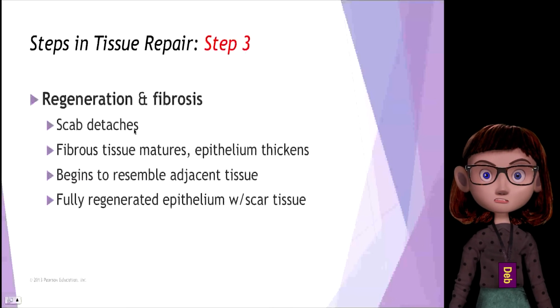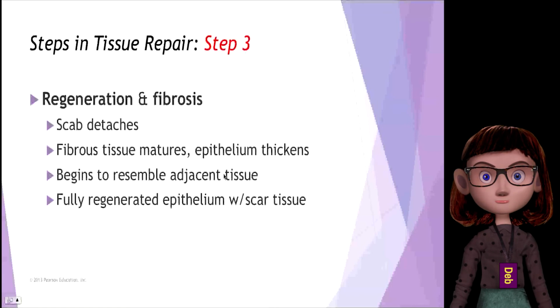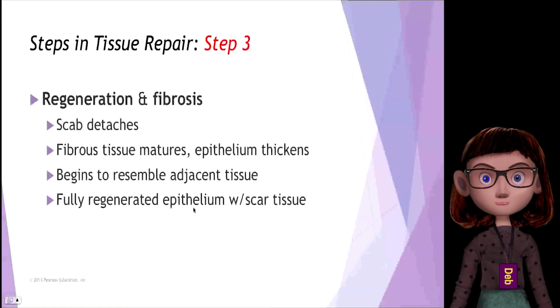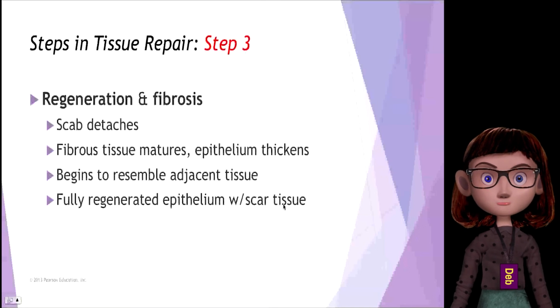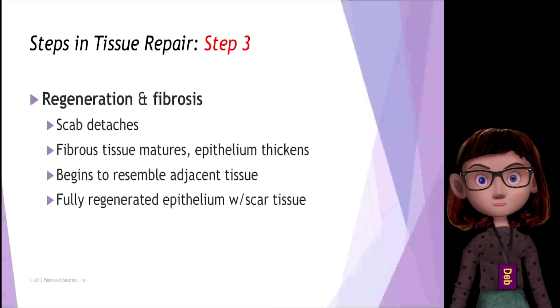The scab is going to detach, fibrous tissue matures and the epithelium thickens, and this is now going to begin to resemble the adjacent tissue. Fully regenerated epithelium will be forming, and then you may have scar tissue underneath that, or even visible if the wound is not completely approximated.